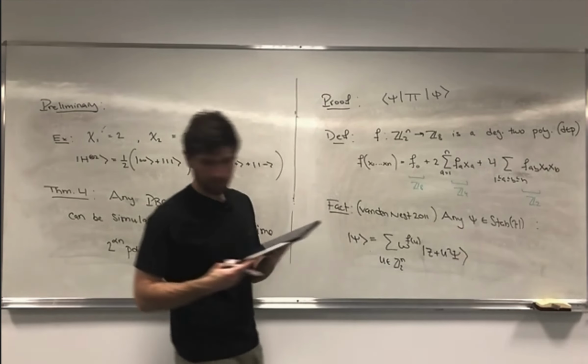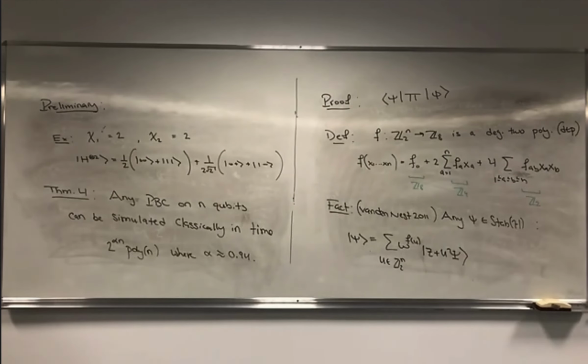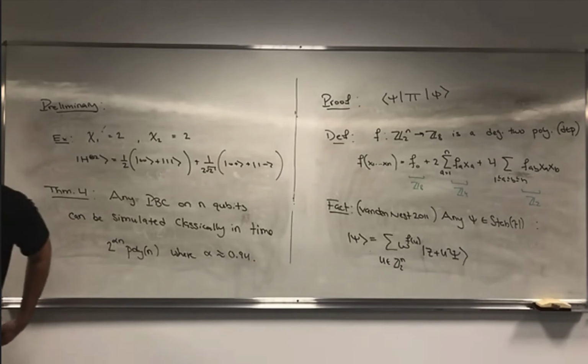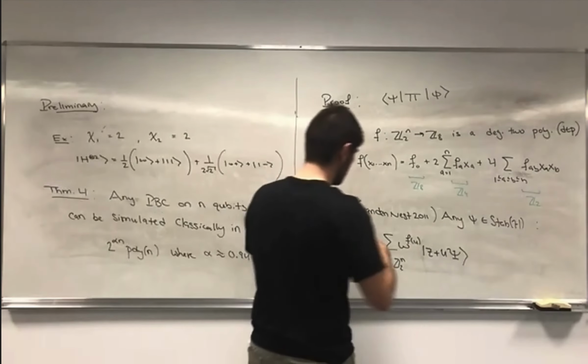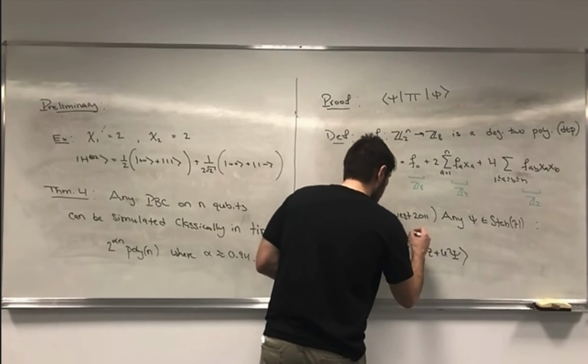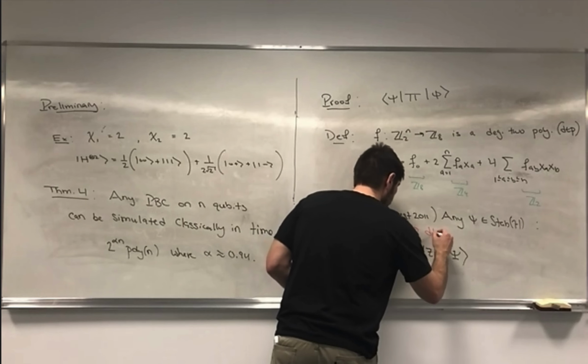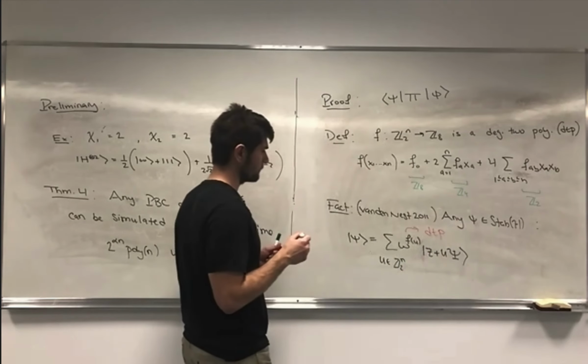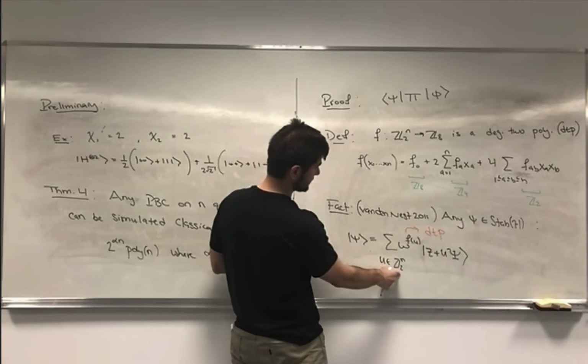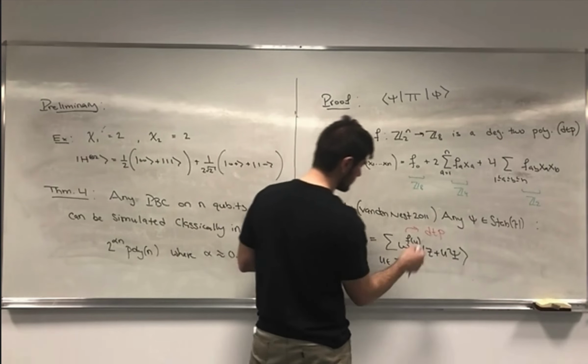okay, so let's unpack this just a little bit. This f is a degree 2 polynomial. This u is a bit string on n elements.